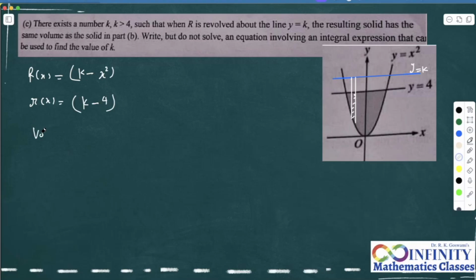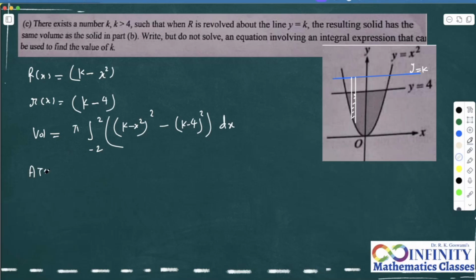What is the volume there? When you are revolving about y equals k, it is pi, with the limits of x the same as before, from minus 2 to 2. Capital Rx square is k minus x square whole square, and minus k minus 4 whole square. This is the volume using the washer method.